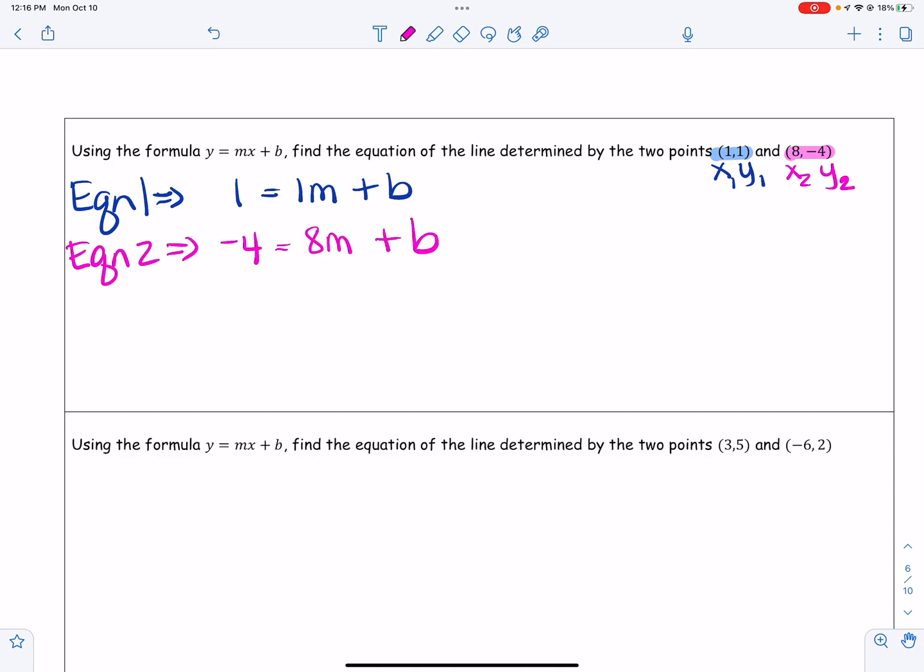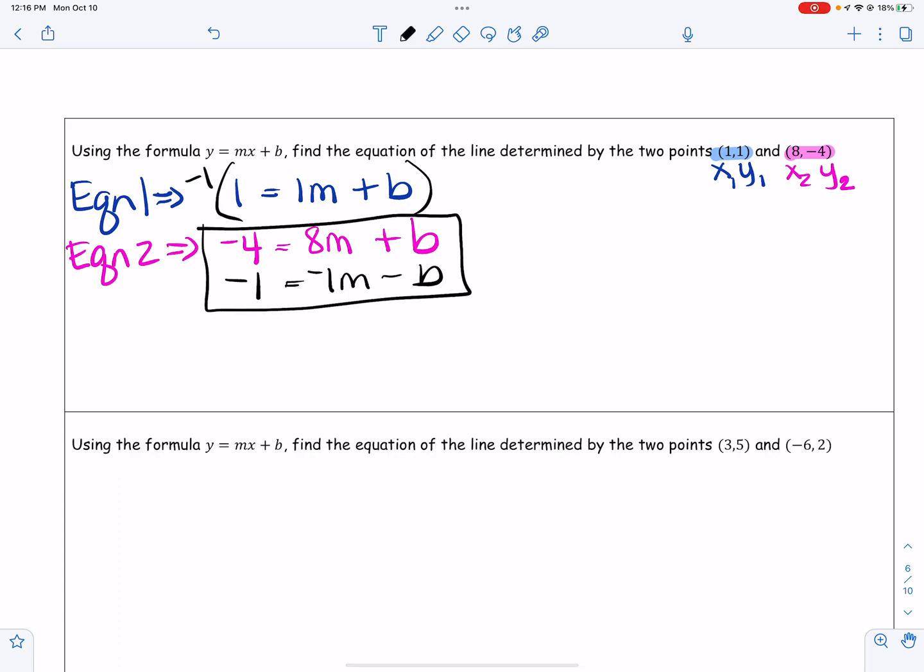So to make this easy to use by elimination, I am always going to take that top equation and multiply it by -1 so that I can get my b's to cancel. So now I'm going to have -1 is equal to -1m minus b, and then I'm going to add these two equations up.